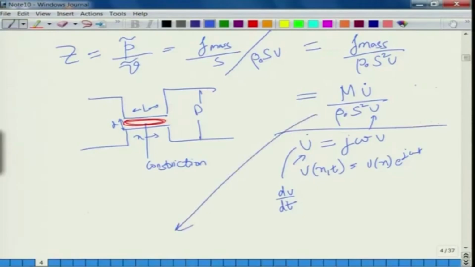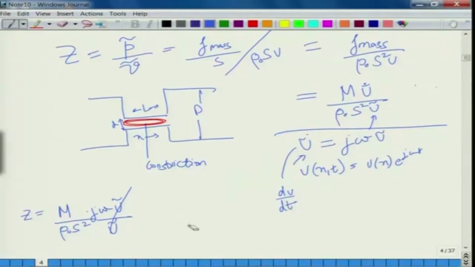Put this thing here and just say Z is m by rho naught S square j omega u by u tilde. So, that is what we are going to get. So, what does it mean then?